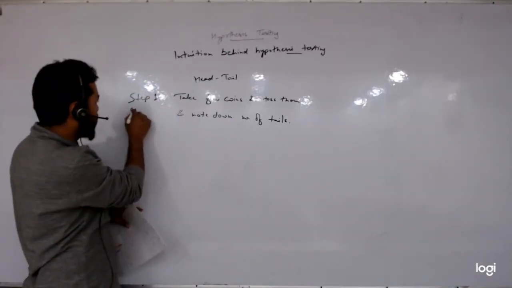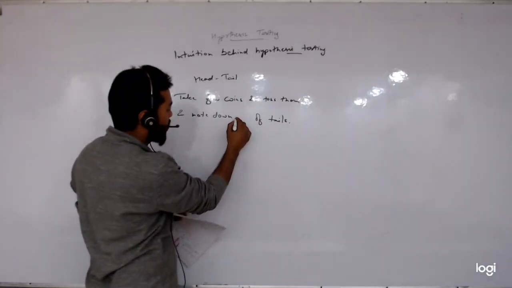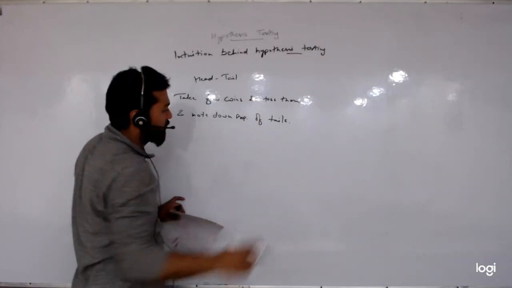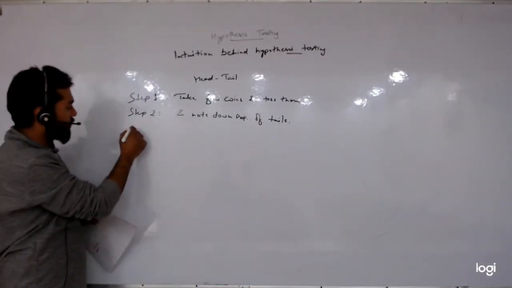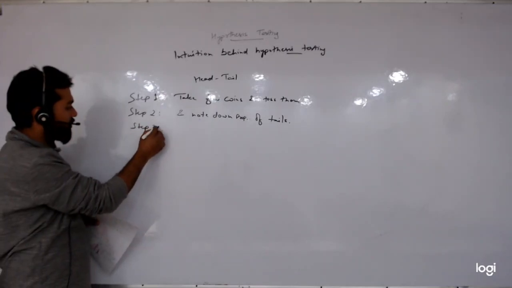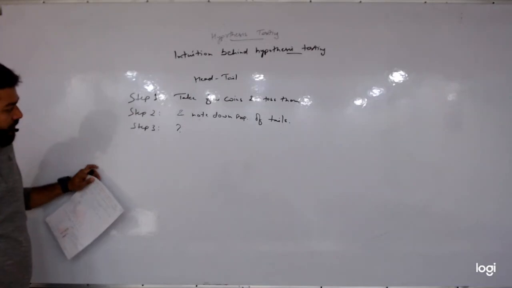Or this is step 2. Note down, let's say, the proportion of tails. How many tails have you got? Now what do you do? Step 3.